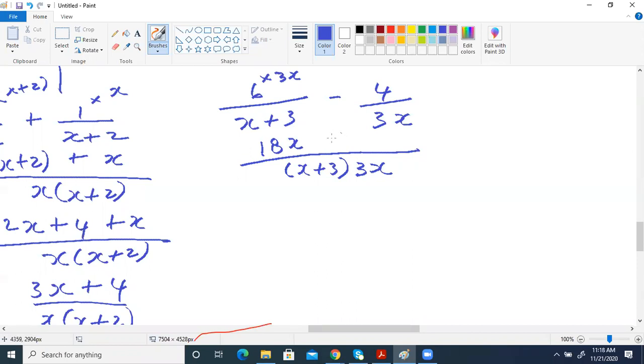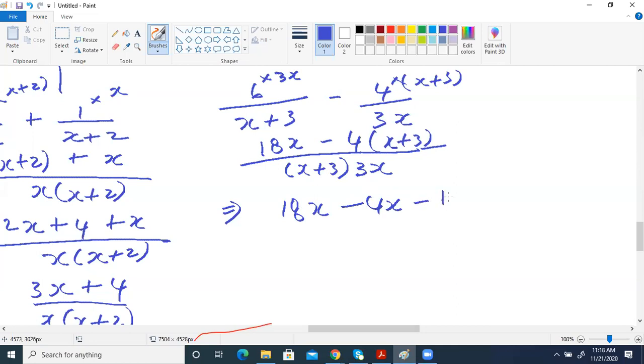Okay. Then now 3x into this is, I just multiply it. So this is just 4, 4x, right? Plus, no, no, 12. I'm going to work that out in the next slide. So this is 4x minus 12, right?